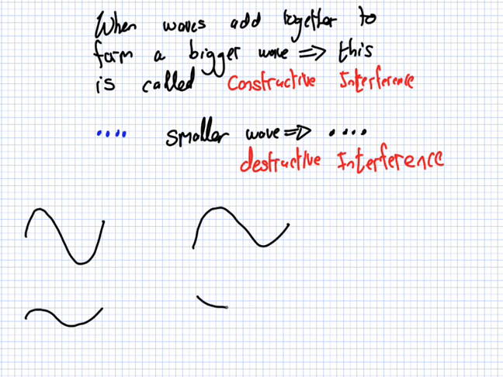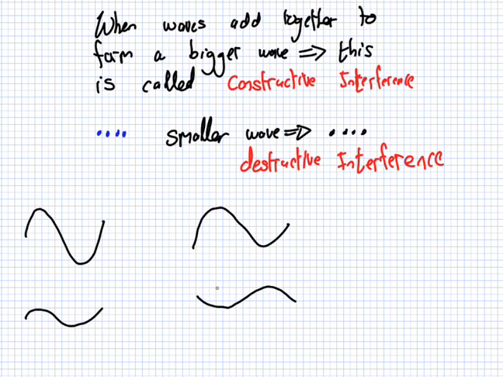Well, these will add to become bigger and these will add to become smaller. So what's the difference between them? What can you see is the difference? Why did these ones get bigger and these ones get smaller? Out of phase. Yeah, but what does that mean?